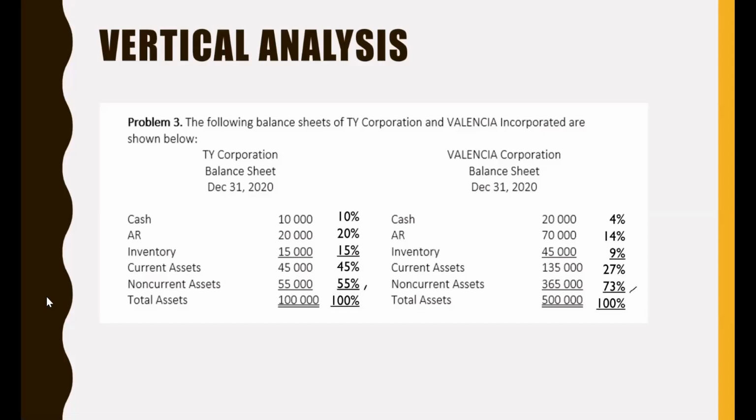The current assets components total only 27% for Valencia Corporation, while for Thai Corporation there is 45%. So that's how we can analyze the financial statements of two different companies. That's it for vertical analysis.